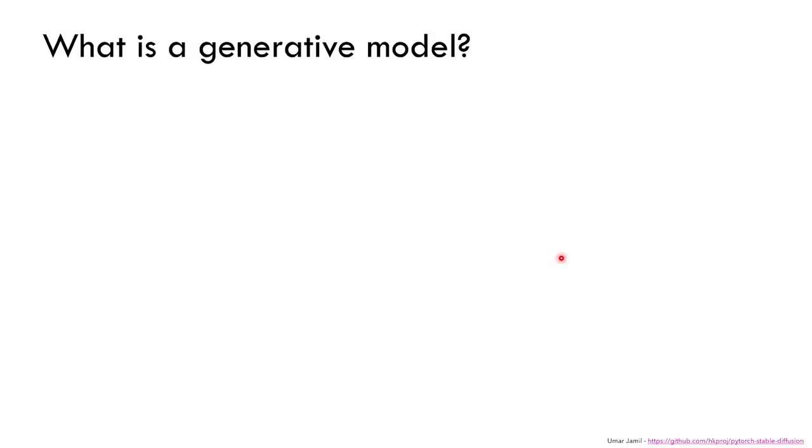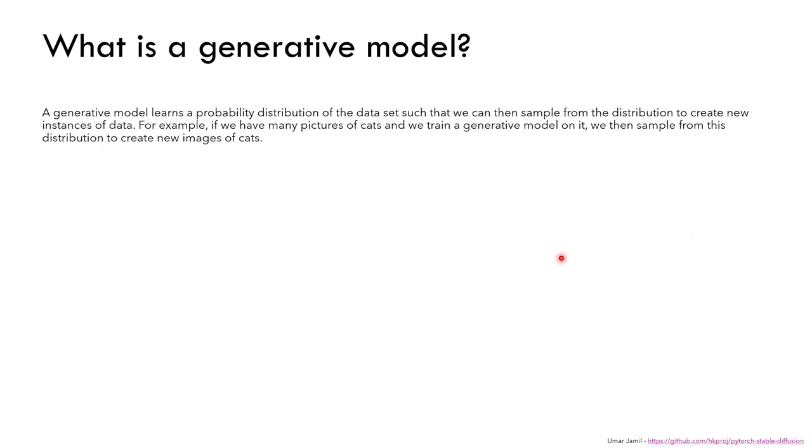Let's jump into generative models, because diffusion models are generative models. But what is a generative model? Well, a generative model learns a probability distribution of the data such that we can then sample from the distribution to create new instances of the data.